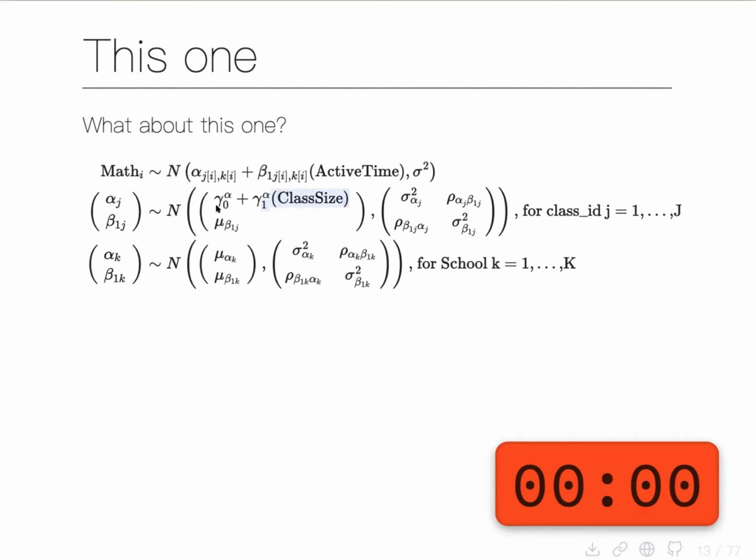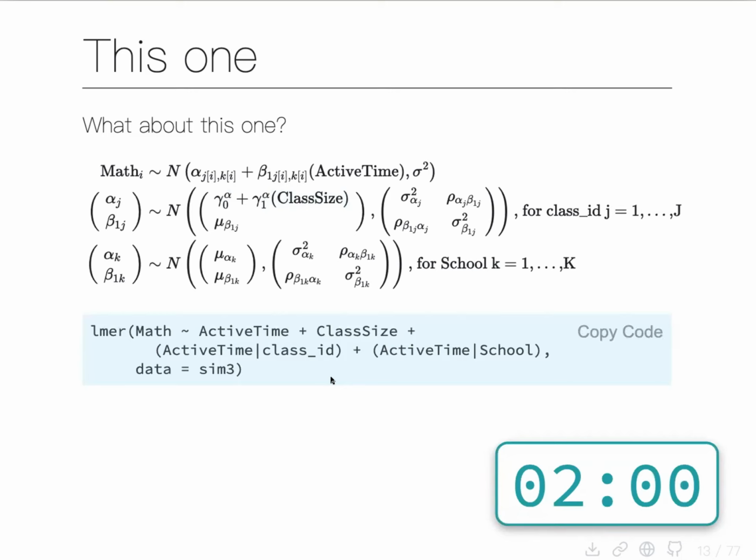When we're reading these, we always say normally distributed, and then this is the mean part of that, and this is the variance part of it. So class size is basically predicting the class intercept mean. And so in LME4, we're just going to add it in like this.